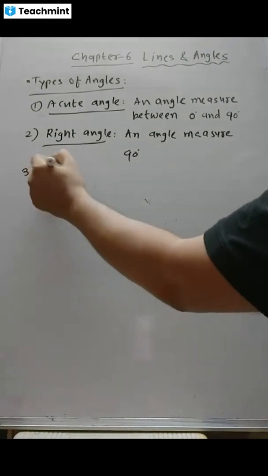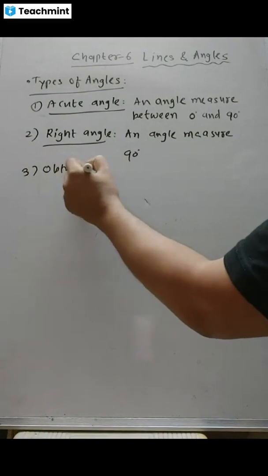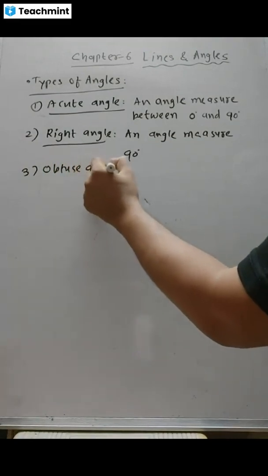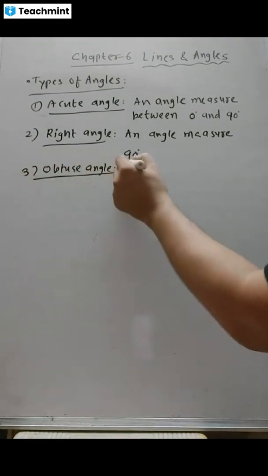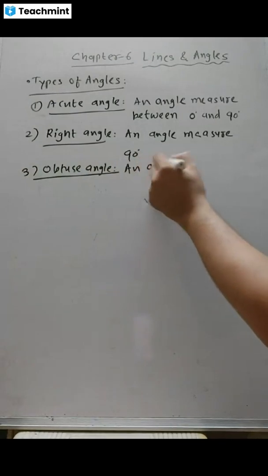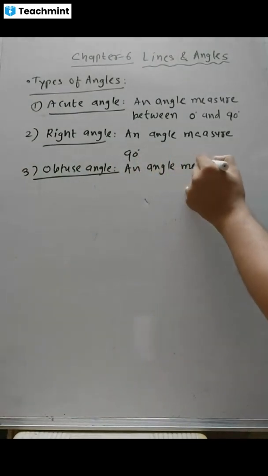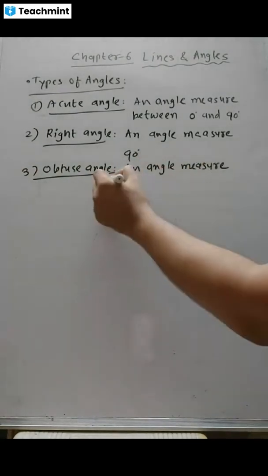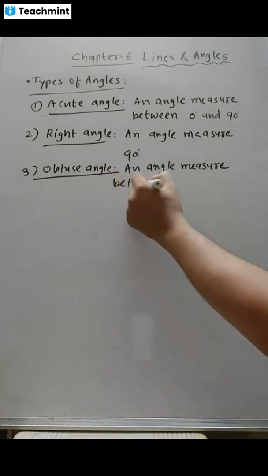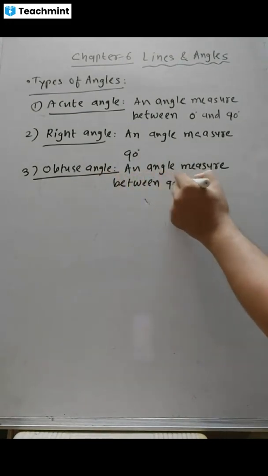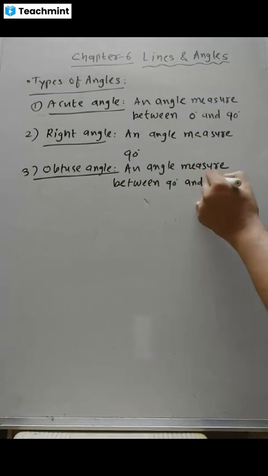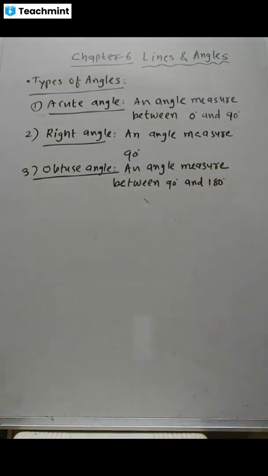Third one is the obtuse angle. An angle that measures more than 90 degrees but less than 180 degrees, otherwise an angle measured between 90 and 180 degrees, is called an obtuse angle. That figure is an obtuse angle.